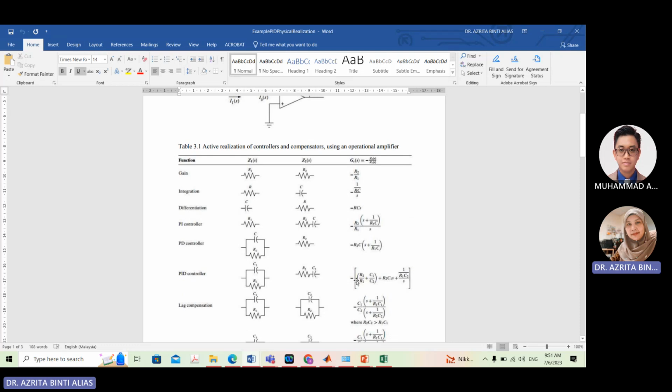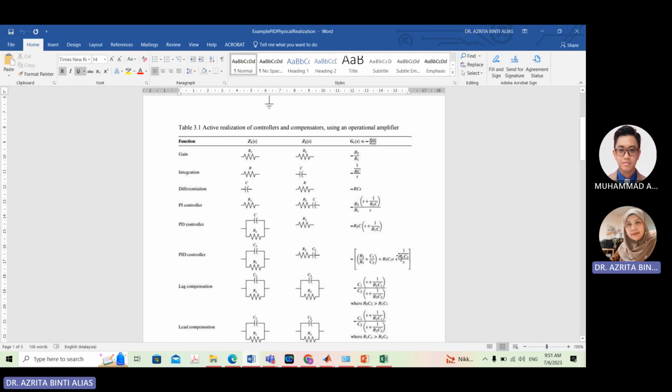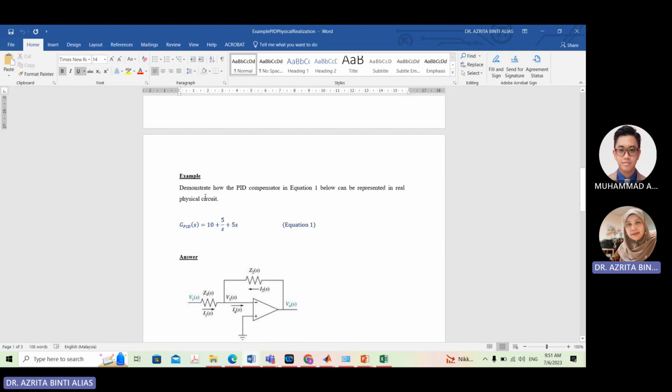And this is the transfer function for the PID controller. Okay, so I also give you the example of how to demonstrate the PID compensator in equation 1 below. So you can represent it in real physical circuits.